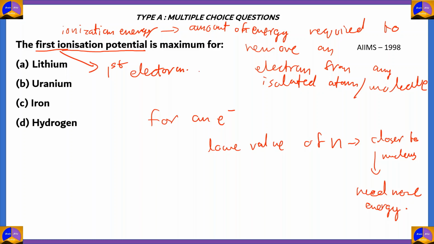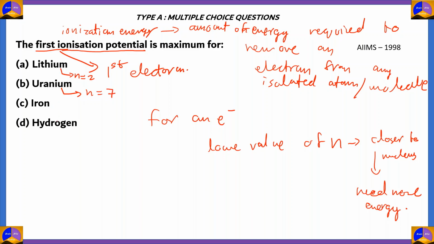So let's look at lithium. The valence electron lies at 2s1. So therefore, for lithium, n is equal to 2. What about uranium? The uranium electrons come in the 7th shell, and therefore the value of n is equal to 7.